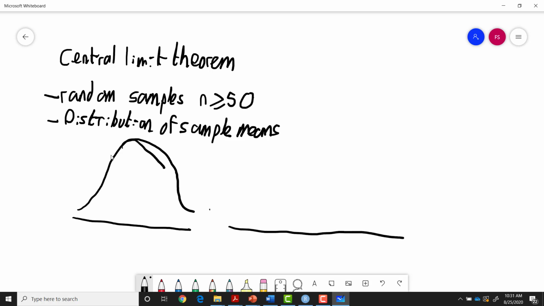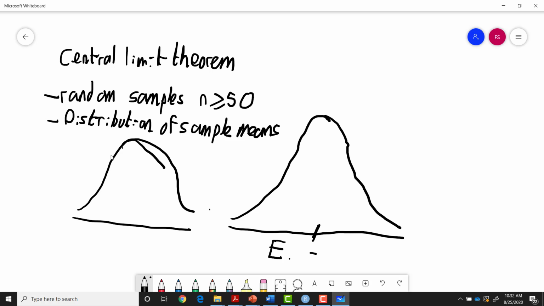Anyway, so we'll say of this distribution, the expected value of this distribution is basically the mean of all of these x bars.